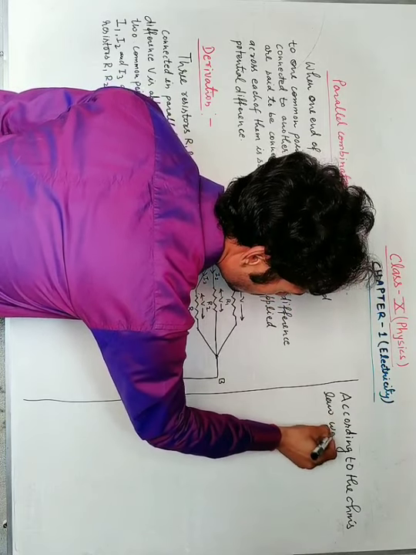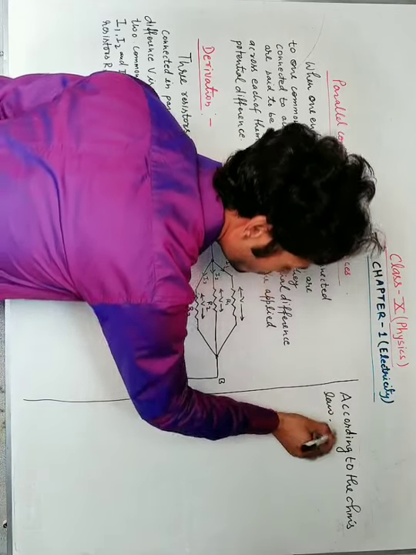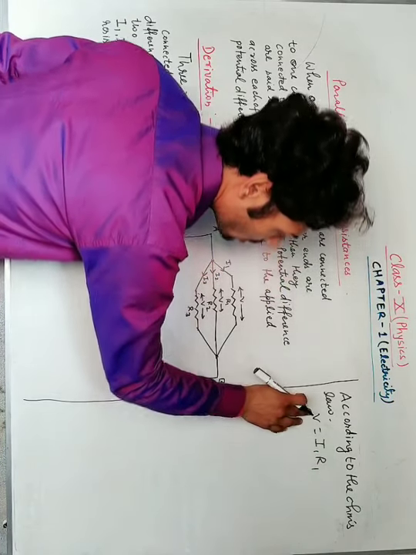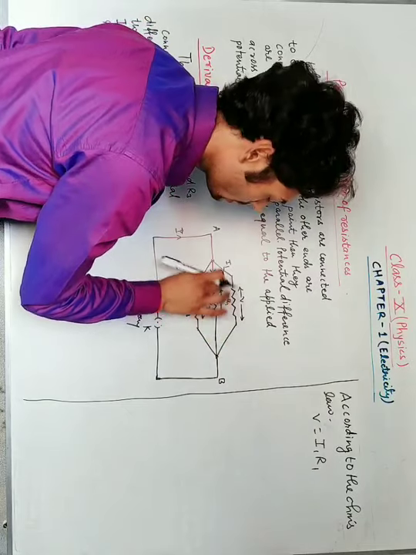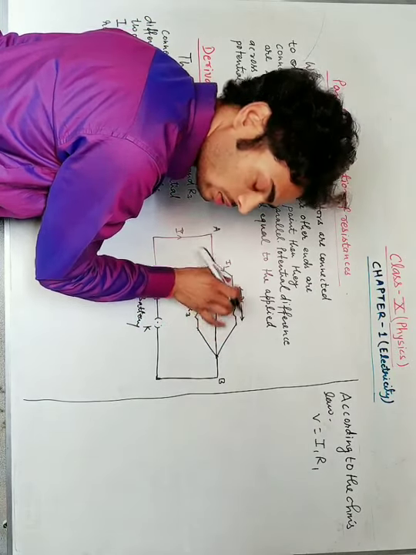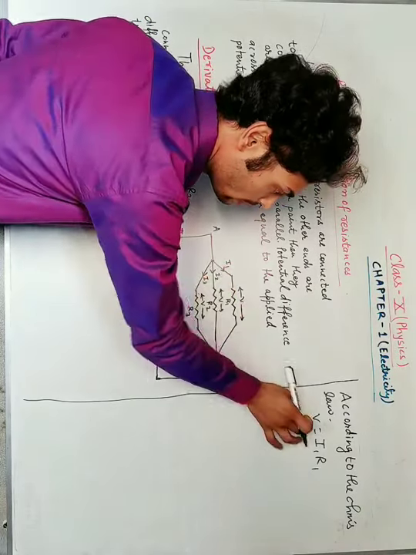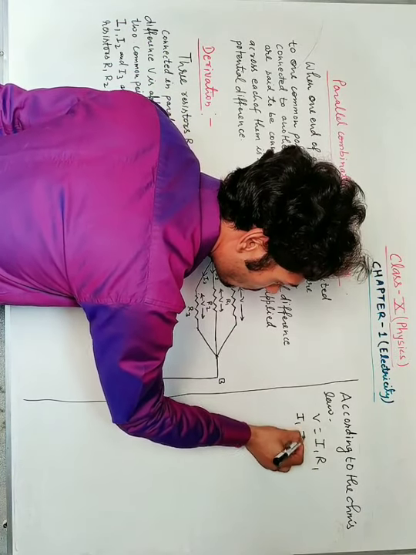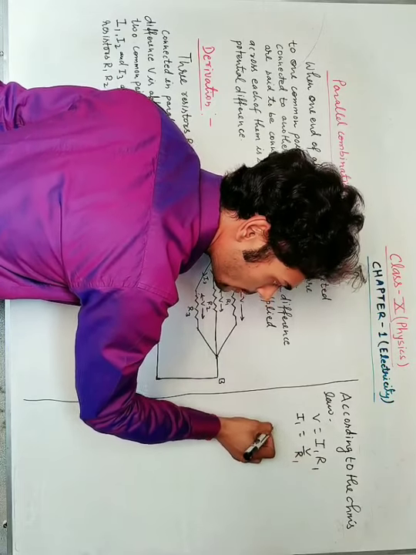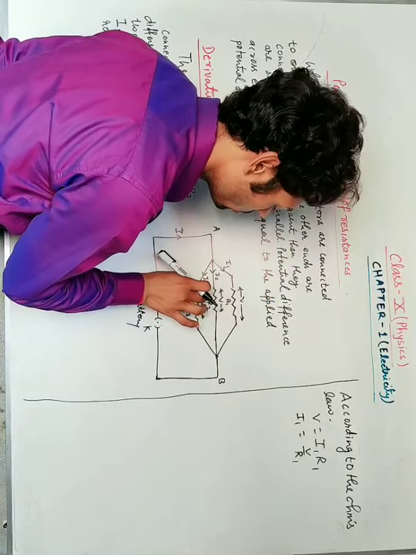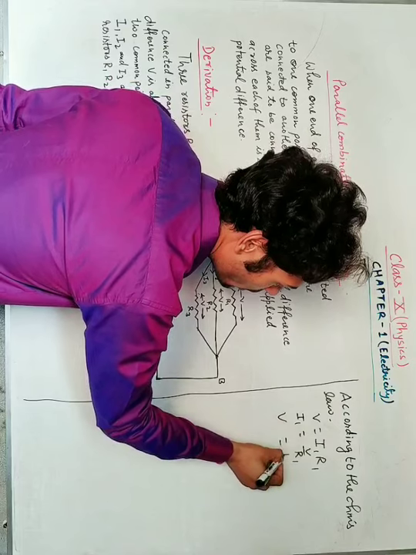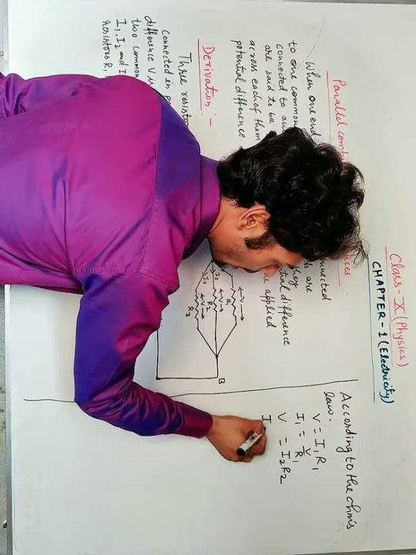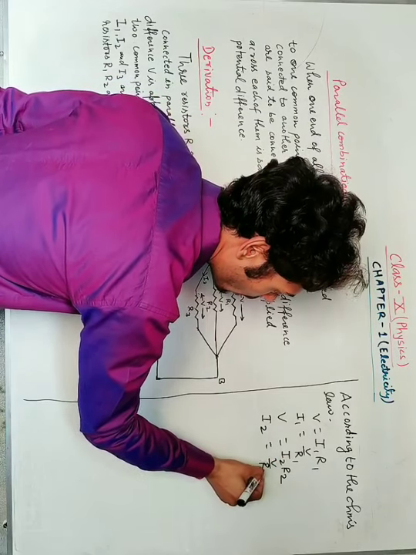According to Ohm's law, V equals I1 R1, the potential difference across resistor R1 when current I1 flows through it. Then I1 equals V upon R1. For resistor R2, V equals I2 R2, then I2 equals V by R2.